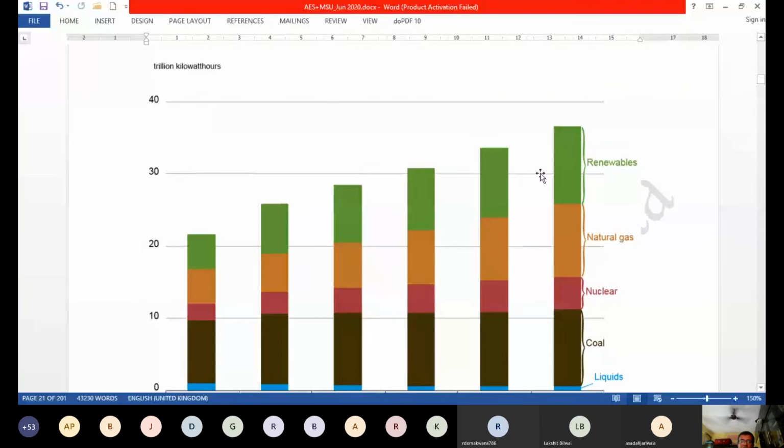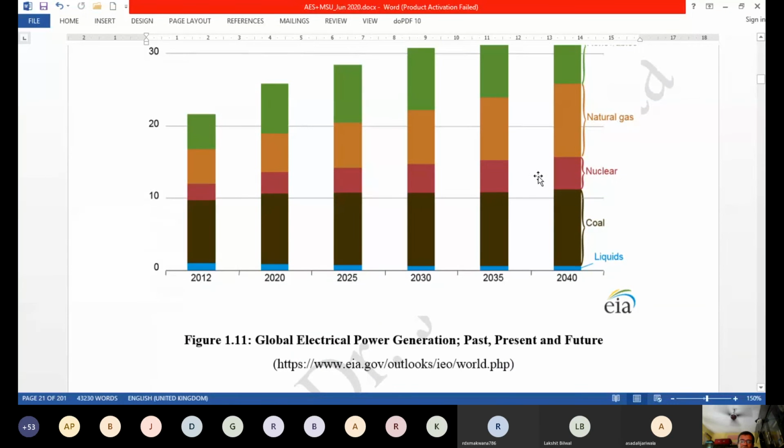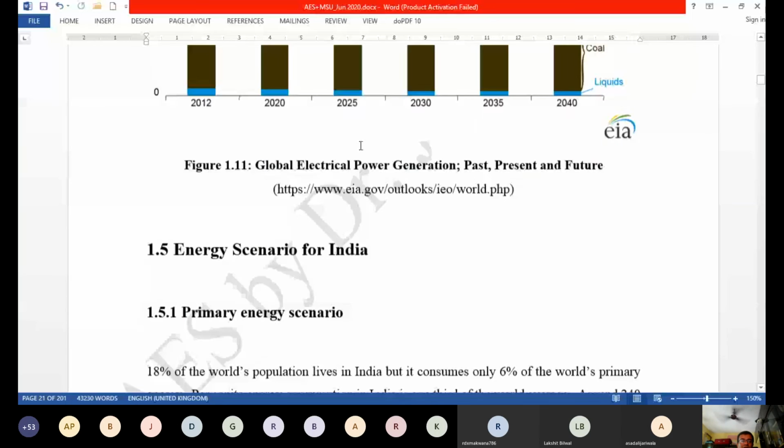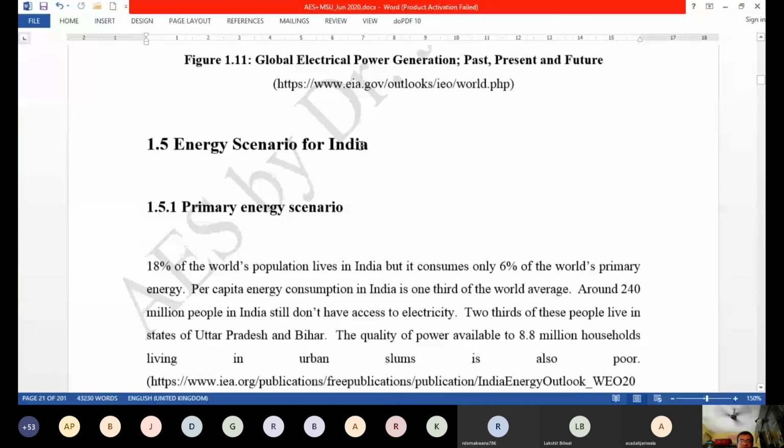So this is the probable future scenario for the world. So now you know that renewable energy sources or alternative energy sources are also important to develop. One needs to develop that also. So this was the world energy scenario.